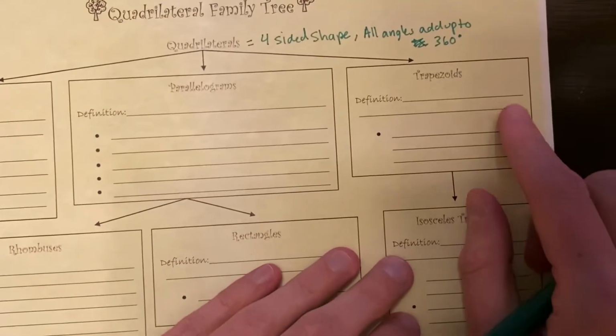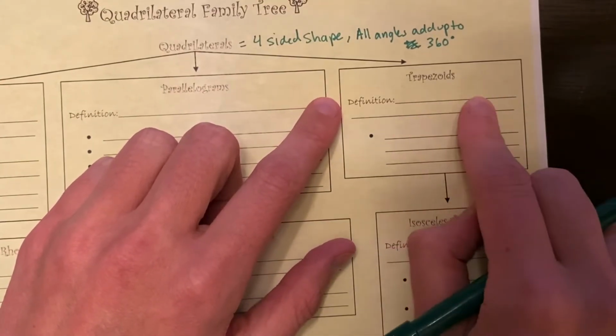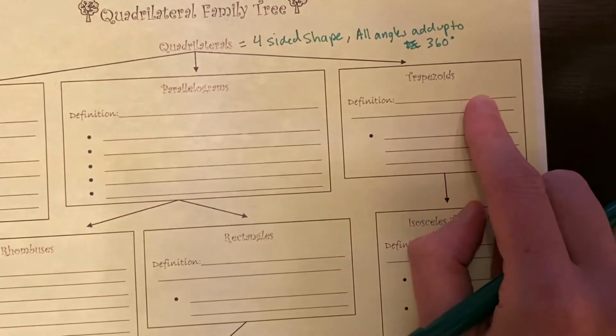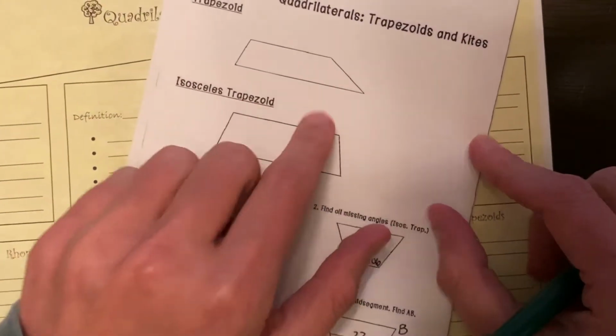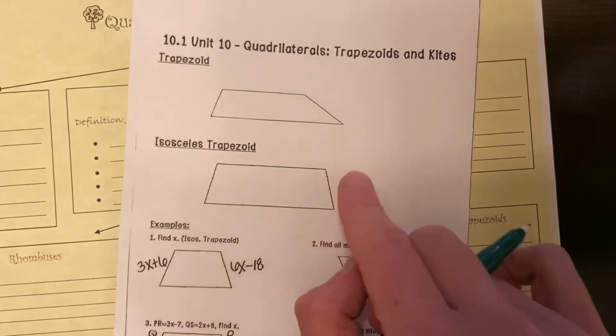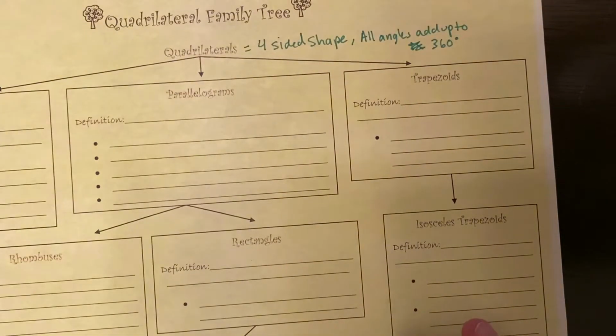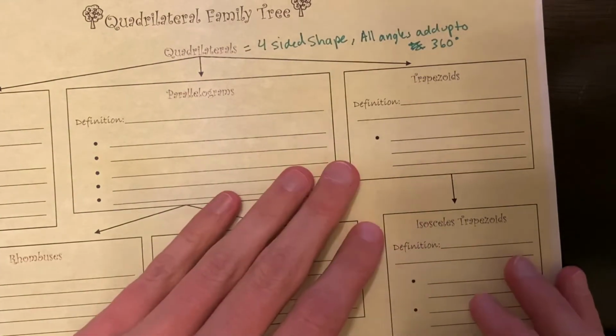All right, the first quadrilateral we are going to work on is trapezoids. So we'll write the definition, and then we will draw on this. And then we'll do the definition for isosceles trapezoid, and then we will write on this. And then we will work out these problems together. So what is a trapezoid?